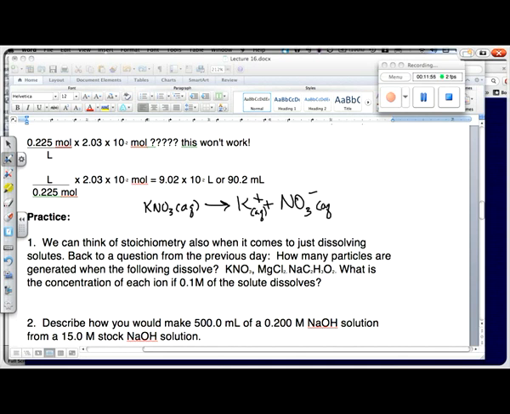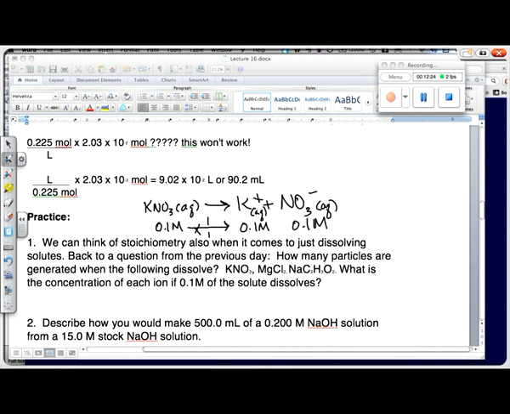So when you're talking about this kind of thing where things are dissolved, you can take the molarity of the thing before you break it up, and because one of these makes one potassium and one nitrate, they also have the same molarity because of the stoichiometry. So it's like you're doing 1 over 1, and that's perfectly okay to do it this way.